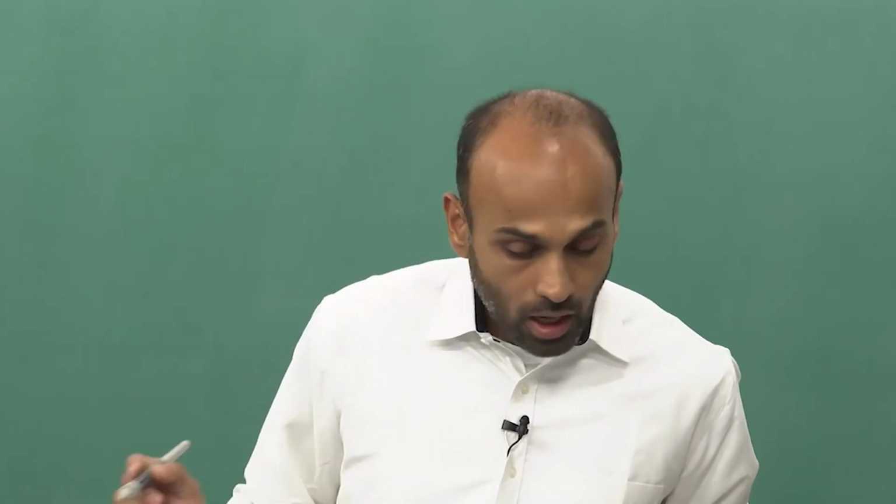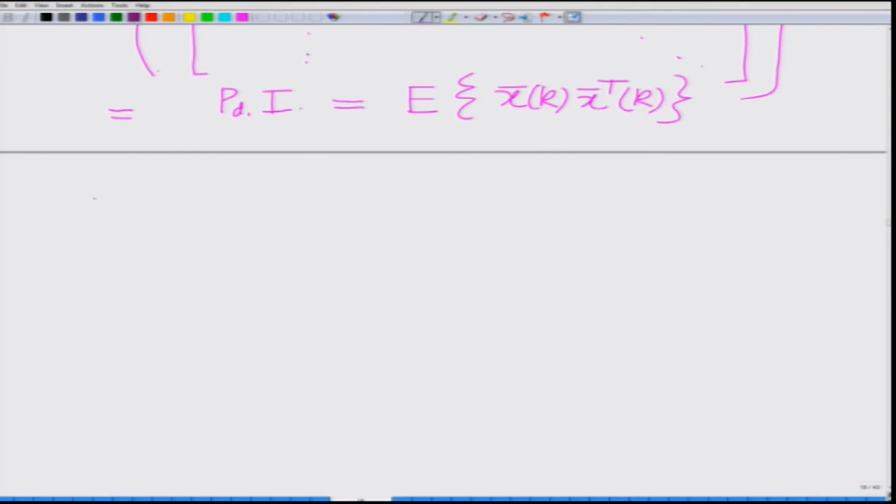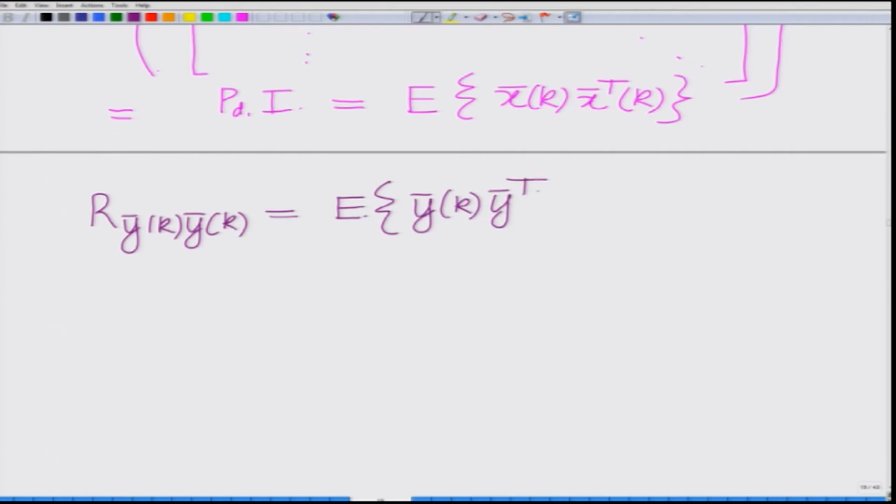Now let us come to R, like we have computed so many times before, the covariance matrix of the output vector y bar is expected value of y bar k y bar transpose of k.